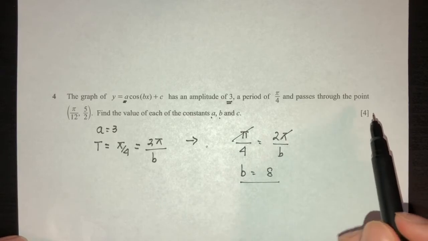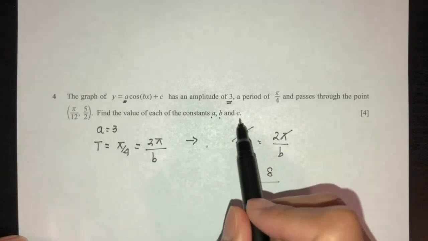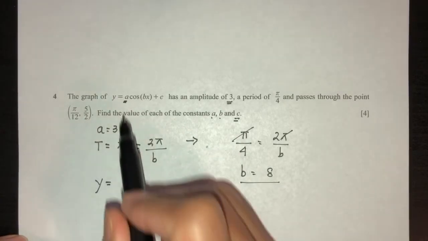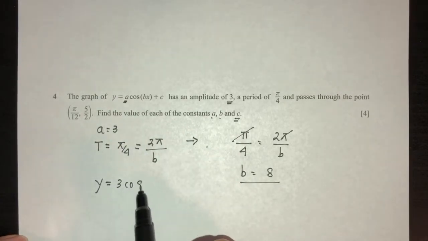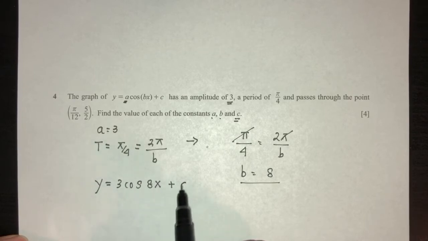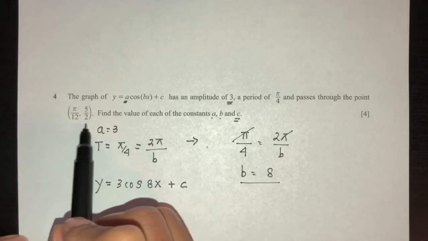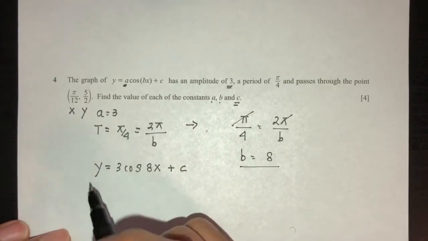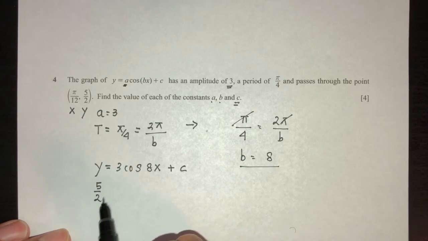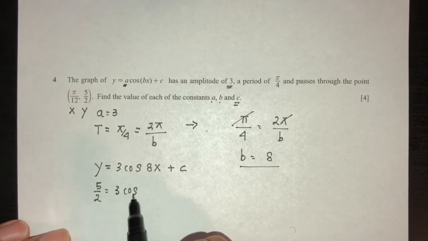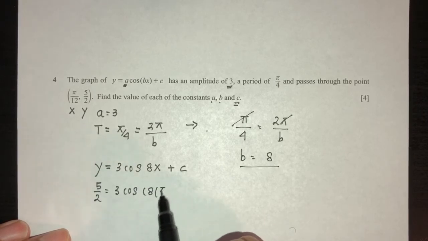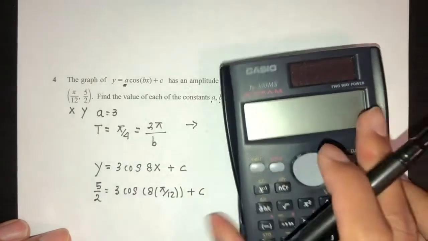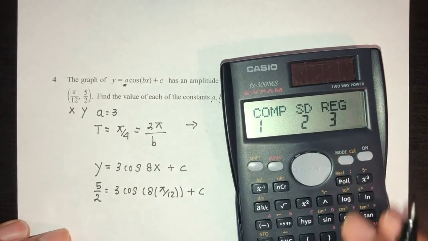Now next thing will be the value of c. So how do you find c? So now we have this equation, y is equal to 3 cos 8x plus c. So we have to use this point to find c. So this is your x value, this is your y value, right? Now for your y, it is 5 over 2 is equal to 3 cos 8 times x, which is pi by 12, plus c. So let's use radians.